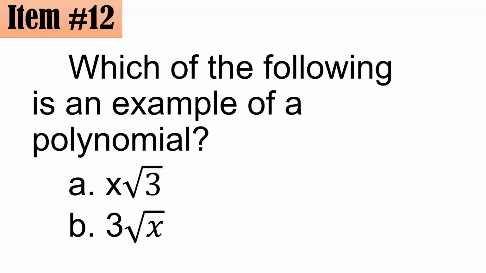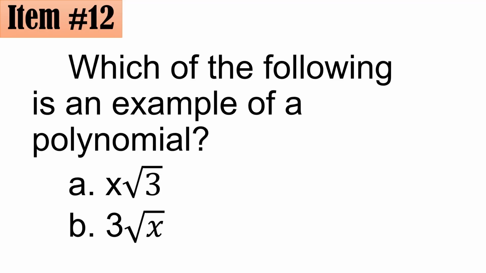Number 12. Which of the following is an example of a polynomial? A, x square root of 3, or B, 3 square root of x? A or B? Number 12. Okay. B daw. Okay, for number 12, many people answered letter B, which is 3 square root of x. Polynomial, okay.